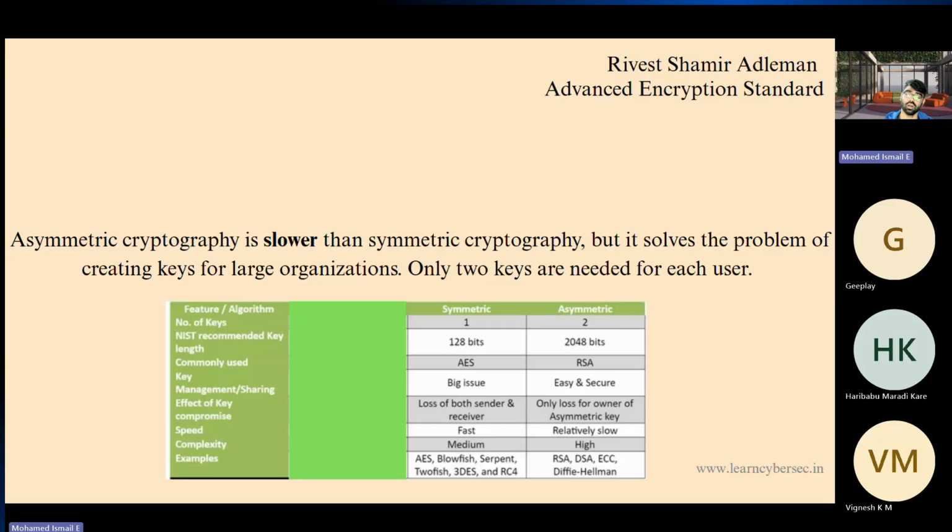That's why asymmetric is relatively slow. Other algorithms you must know: symmetric, AES, Blowfish, Serpent, Twofish, 3DES, and RC4. In asymmetric, RSA, DSA, ECC, Diffie-Hellman. These are all asymmetric algorithms.